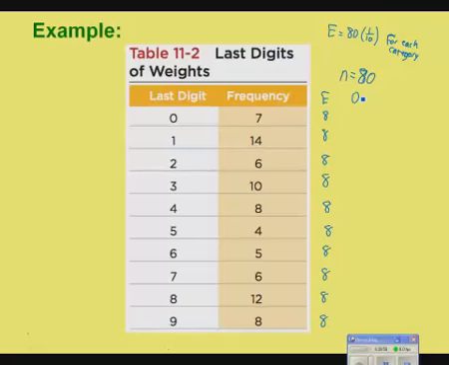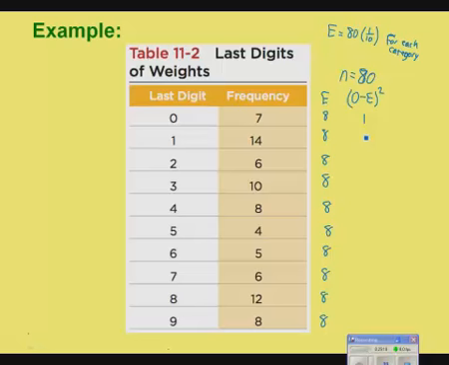Now, I guess what I want eventually is I want O minus E. And then I want to square it. Right? So let's see. This is going to be 1, because it's a difference of 1, and then I square it.